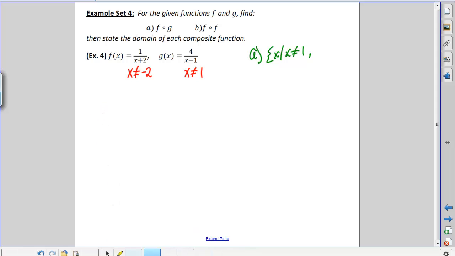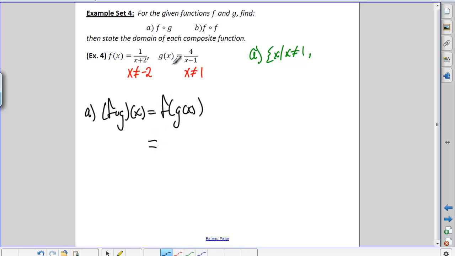So let's now go ahead and figure out, okay, what is f of g? Well, luckily we've already done that, right? Notice those are the same functions. So that's actually a repeat. We've already done part A. I didn't realize that. So let's go ahead and do part B. Let's back up.